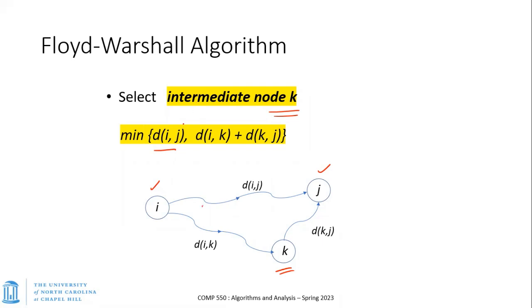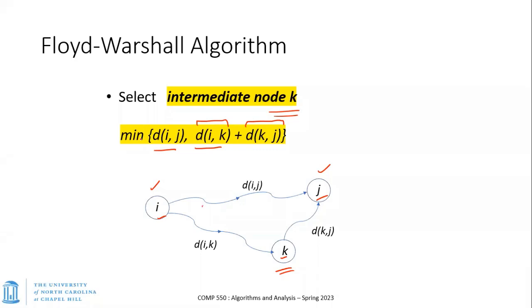You're going to ask: is the current distance from i to j as good or worse than if you went from i through k and then from k to j? You already have the estimates from i to k and from k to j. So can you improve this particular path instead of going directly between i and j? Can you improve it if you went through k? Again, a fairly straightforward concept.